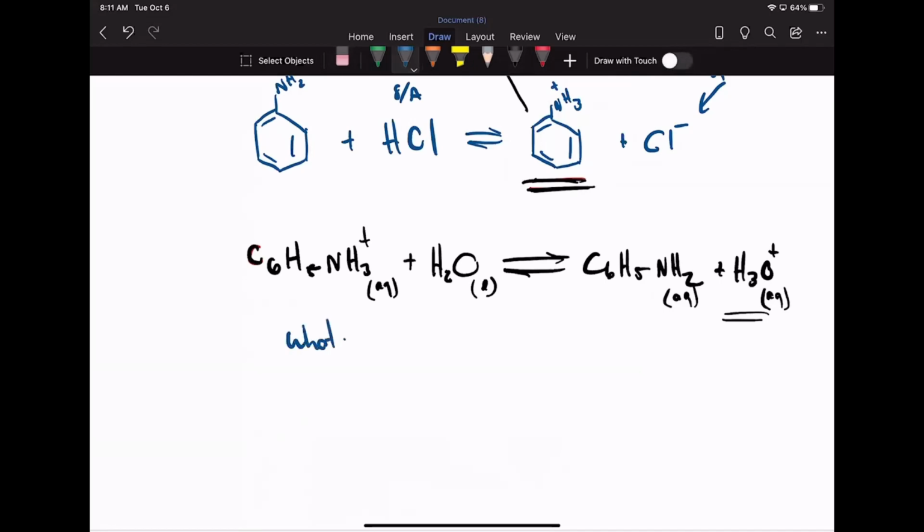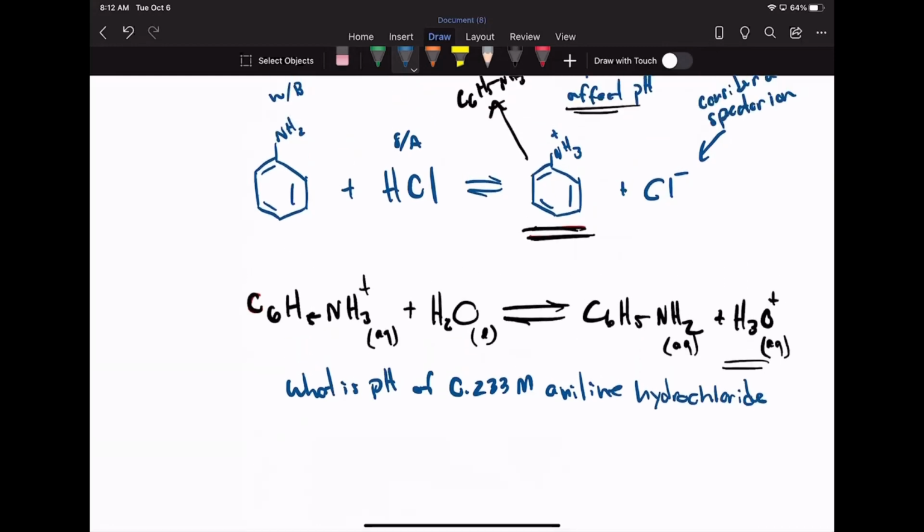What is the pH of 0.233 molar aniline hydrochloride?